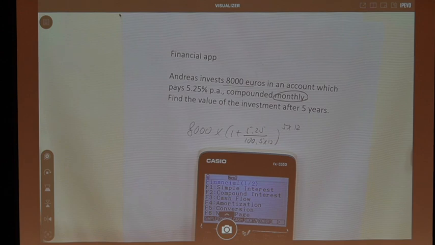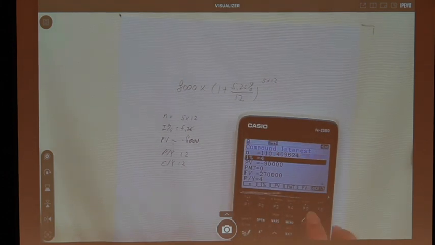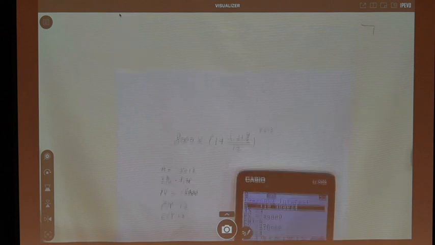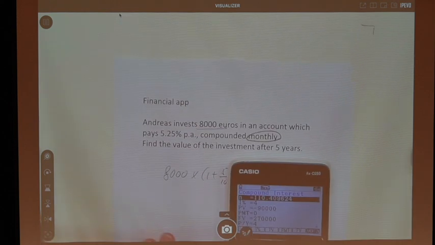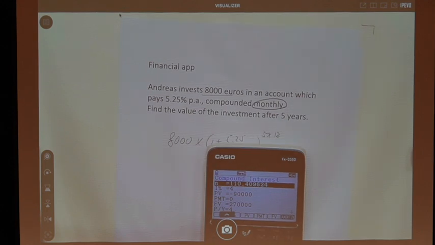Compound interest. The question is, N is, okay, bear with me please.